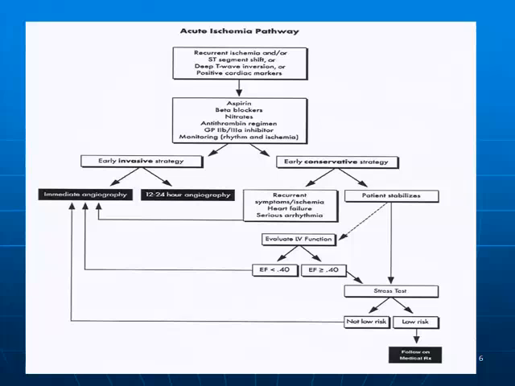Slide 6 is a treatment algorithm, much as we saw for STEMI. I think it's important because it lists most of what we really need to know in terms of general management strategy for patients who present with non-ST elevation myocardial infarction or unstable angina.